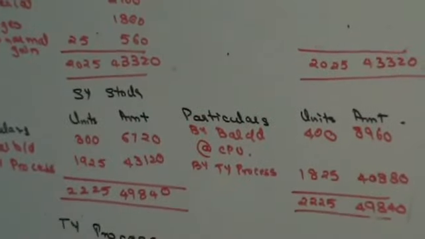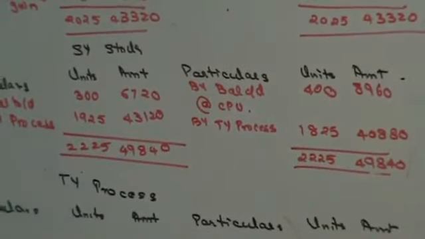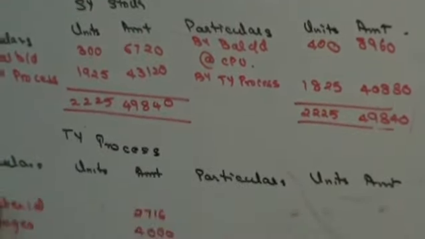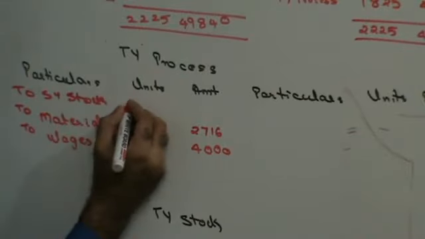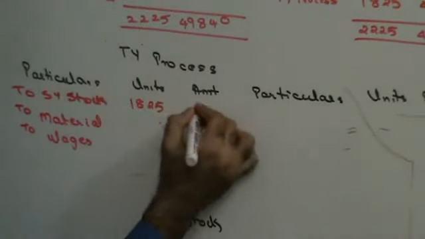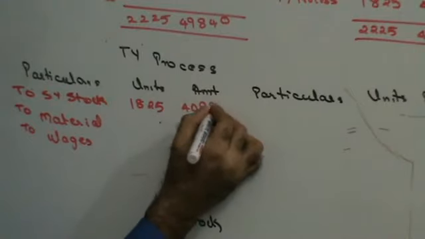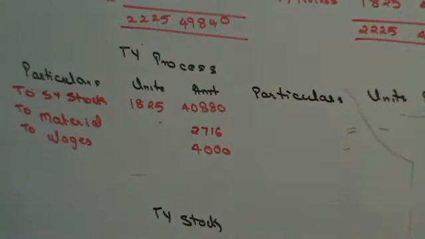Okay, let's get back to the sum here. This is going to be to SY stock. SY stock is 1825 and 40,880. Right? Now let's add this.